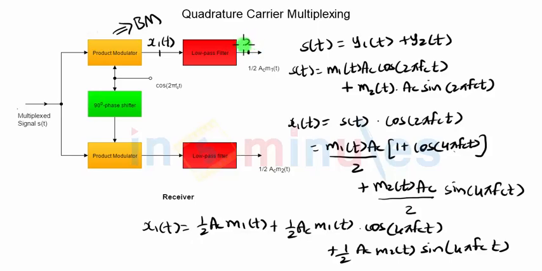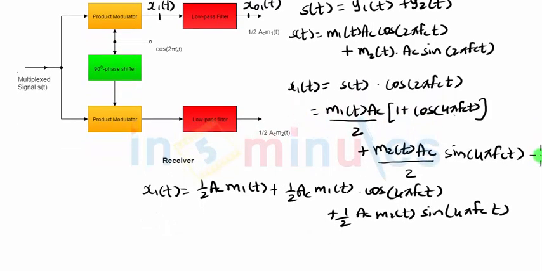Let me call this output x01t. So you can see that after you pass x1t through a low pass filter, the output of the low pass filter x01t is equal to, first term consists of m1t, which is my first modulating signal. It will have frequencies from 20 Hz to 20 kilohertz, and we will set the cutoff frequency of the low pass filter at least 20 kilohertz so that it will allow the first term to come at the output side.